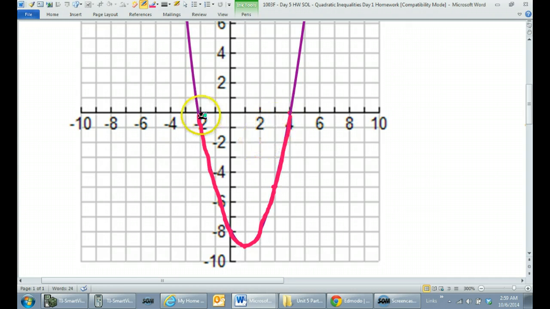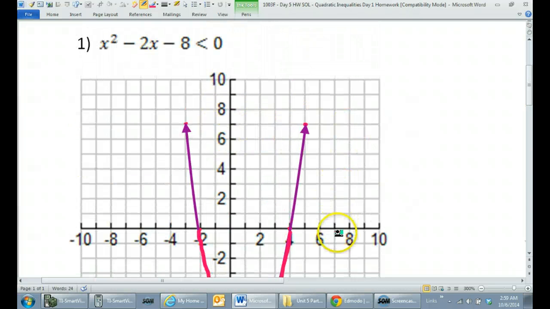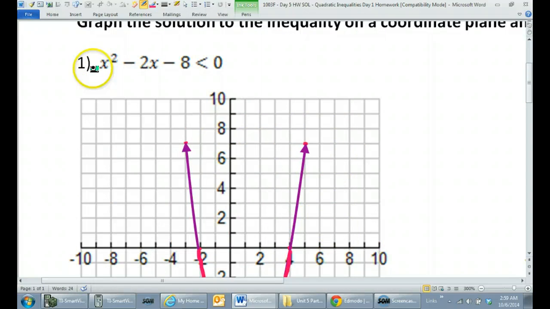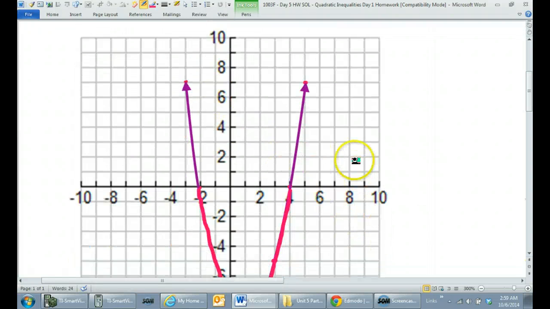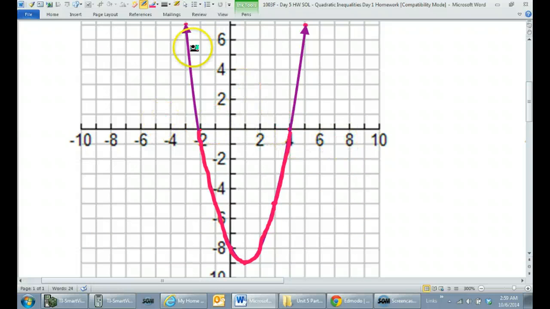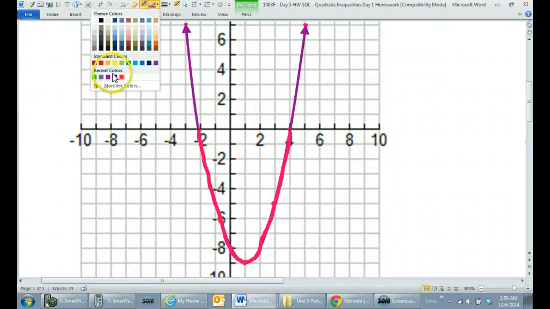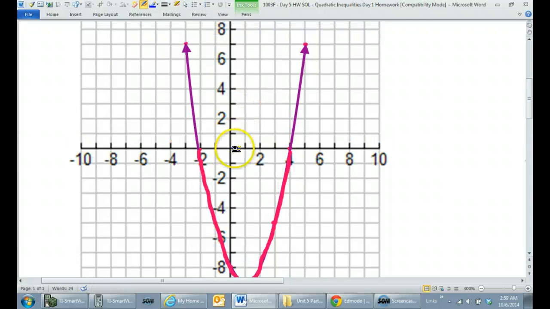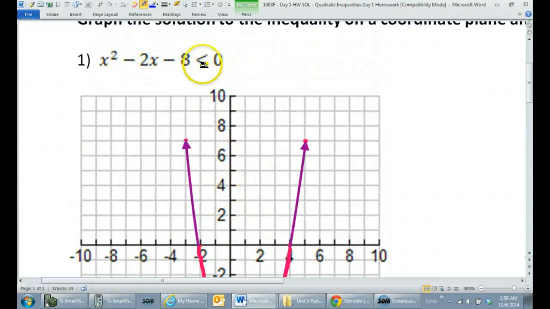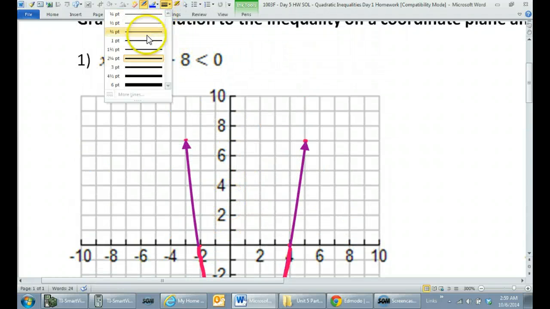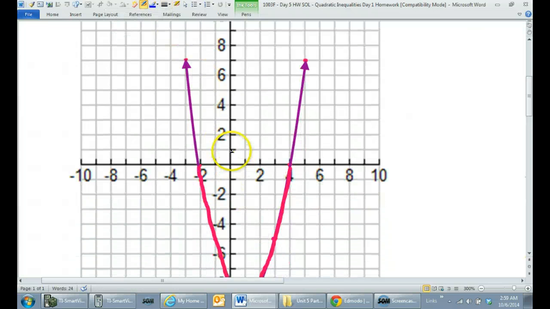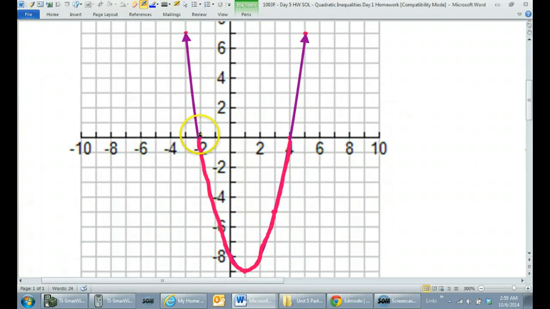Alright, but if we wanted to turn that into a number line graph, because again there are only x values, no y values, we need to turn this into a number line graph because all we want are x values. Now this says where's the function less than 0, not equal to 0. So these border points right here are where the graph is equal to 0.